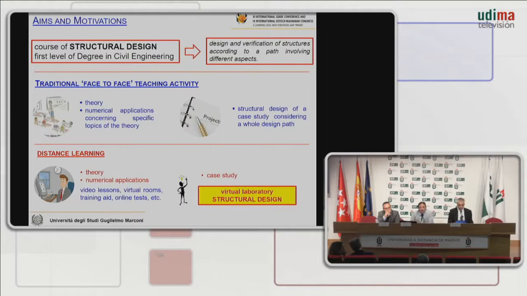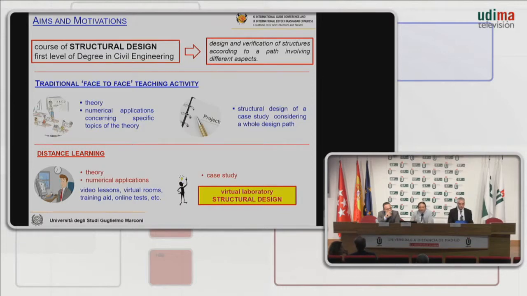In the case of distance learning, video lessons, virtual room, training aid, etc., certainly represent efficient tools both for explaining the concept of the theory and to present numerical applications of structural design.